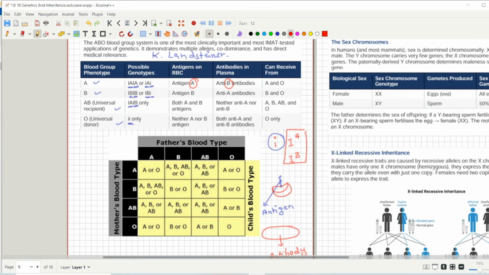Because if blood containing antigen B comes into your body, that is not a part of your body, so the anti-B antibodies will kill those antigens. If you have antigen B in your blood, then you will have anti-A antibodies, because if blood containing antigen A comes into your body, the antibodies will kill the antigen A containing blood.